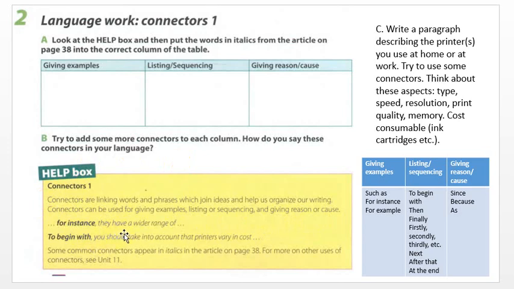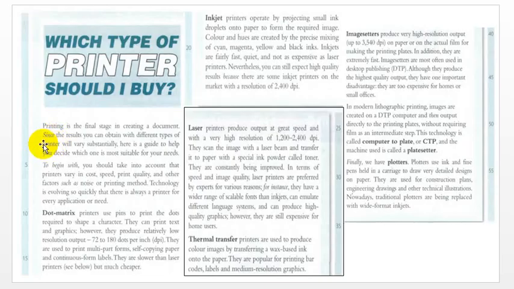For instance, they have a wider range of, to begin with. You should take into account that printers vary in cost. Some common connectors appear in italic in the article on page 38. For more on other uses of connectors, see unit 1. Okay, here in italic is to begin with.